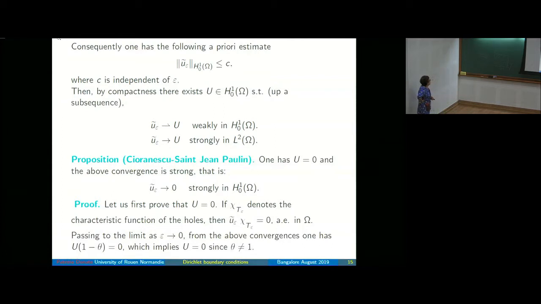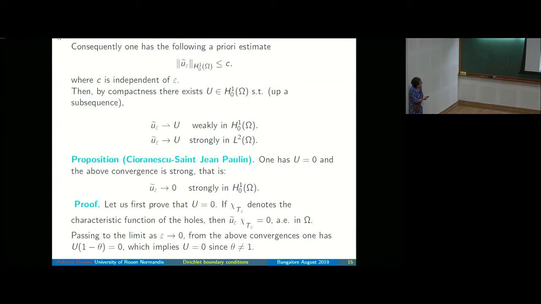Okay, now we can use compactness, because we have an estimate in the ball. Now all the functions are in the same functional space. So we are fine because we can discuss, as before, compactness, convergence, and so on.